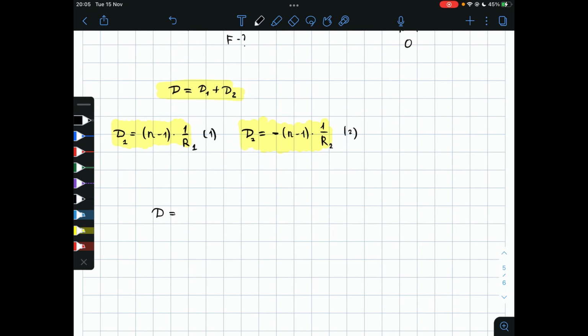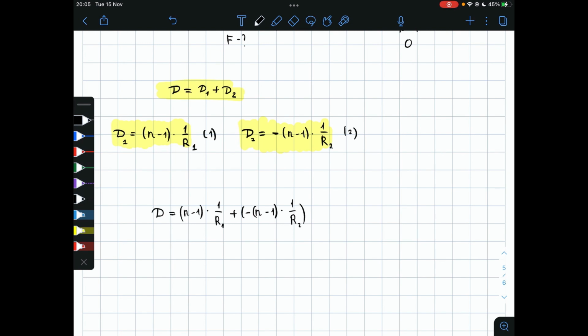Instead of D1, I will write n minus 1 multiplied by 1 over R1, minus n minus 1 multiplied by 1 over R2.